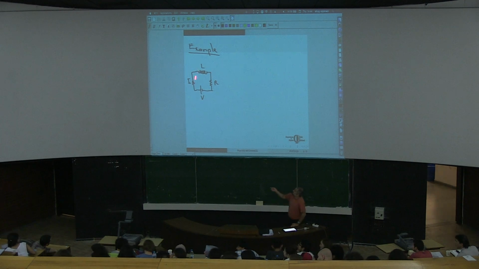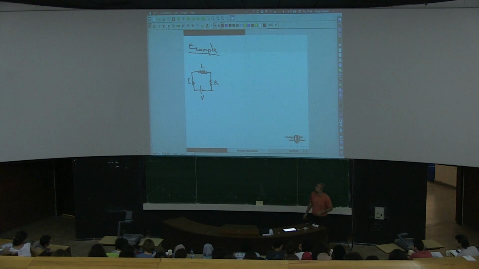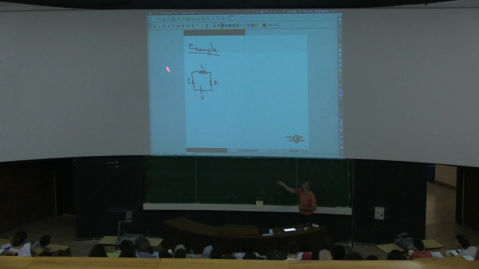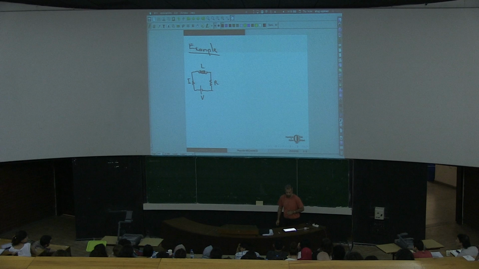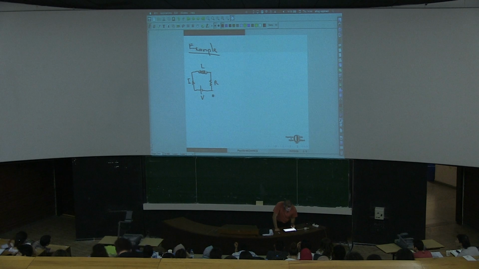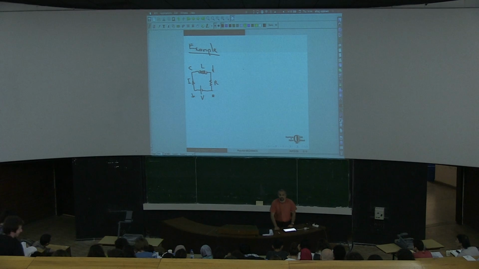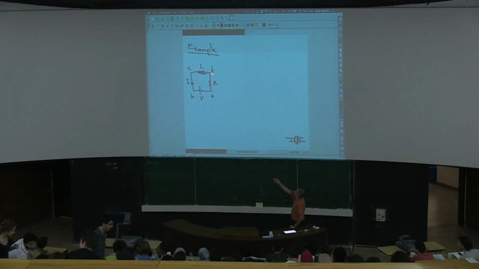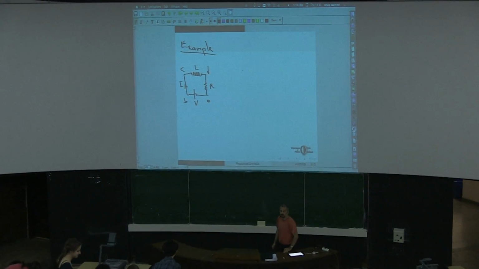Now we can just follow the direction of the current and discuss how much work is done on a positive charge as we go around the loop. Now, let's see. We go from A, B, C, D. From D to A. As we go from D to A, how much work is done on our charge?